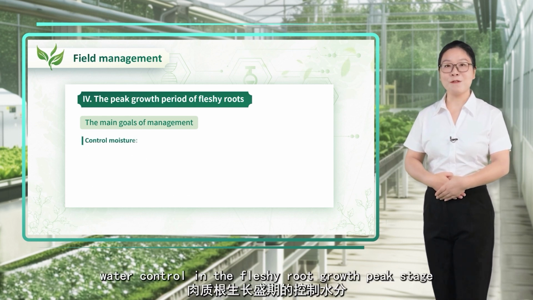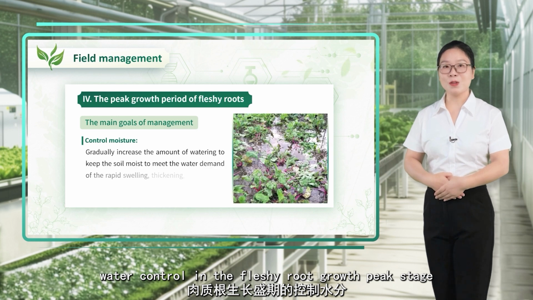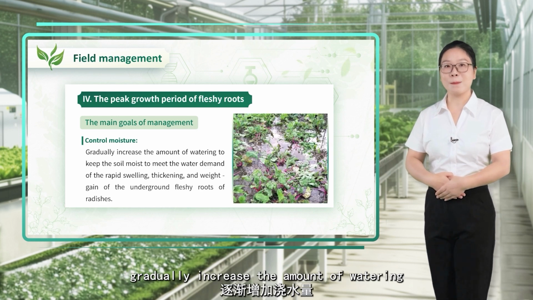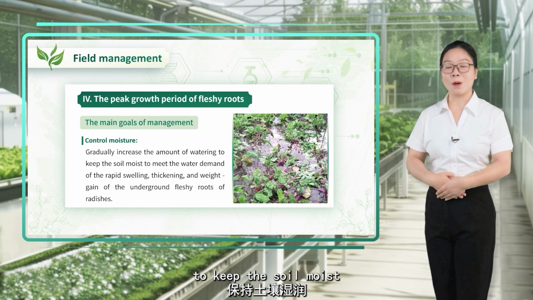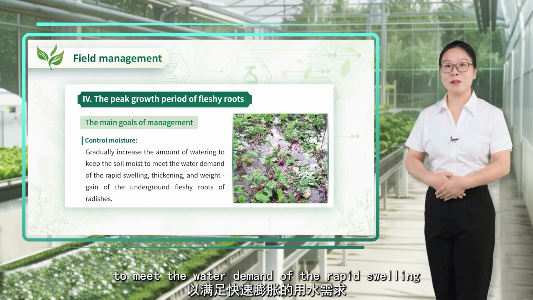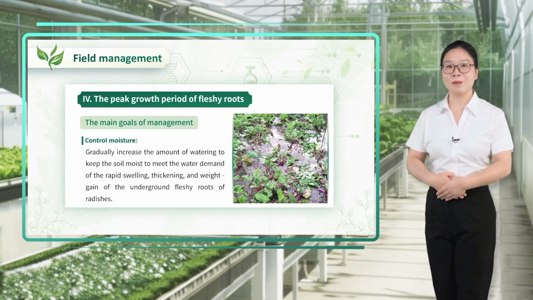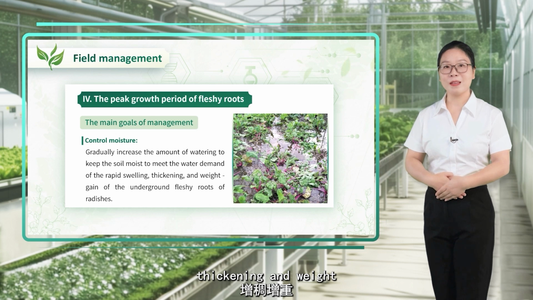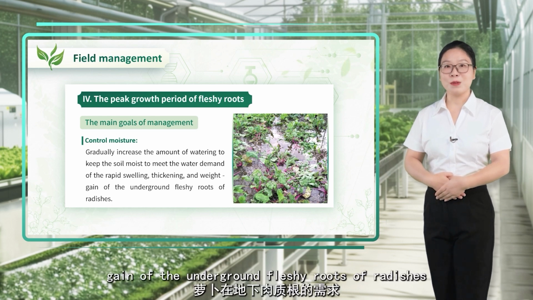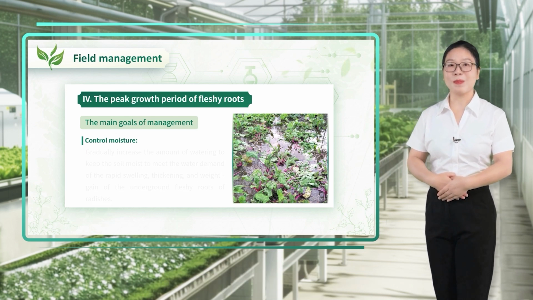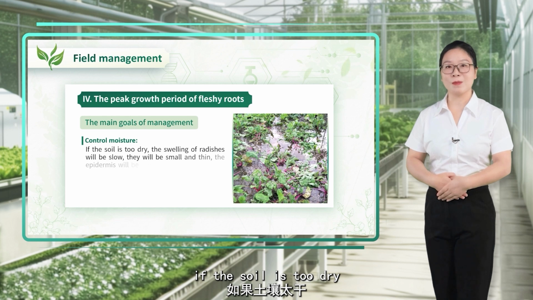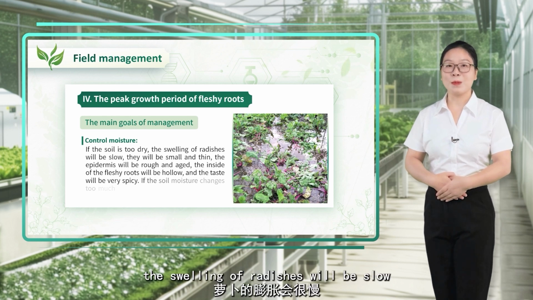Water control in the fleshy root growth peak stage. Gradually increase the amount of watering to keep the soil moist to meet the water demand of the rapid swelling, thickening and weight gain of the underground fleshy roots of radishes. If the soil is too dry, the swelling of radishes will be slow.